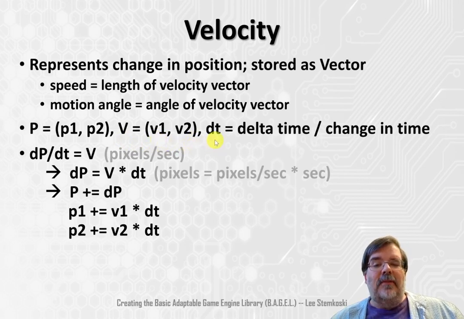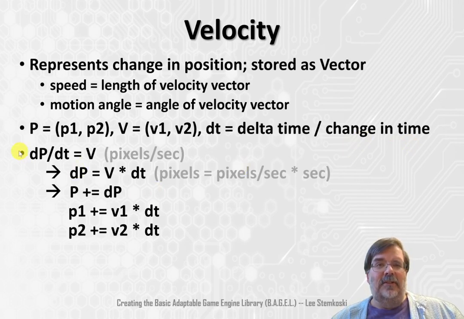And we'll follow mathematical tradition and use the variable dt to represent delta time. Delta is commonly used in physics to represent the change in some quantity. And so delta time, you can think of that as the change in time since the last time position was updated, or the elapsed time since the previous frame of our game loop.